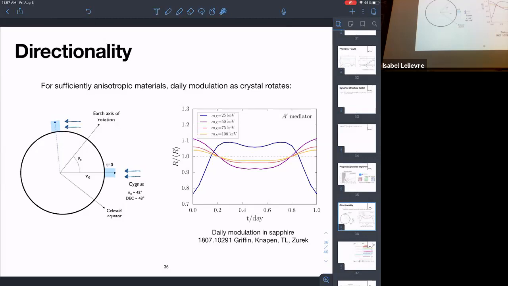I guess in principle that could also be a mediator for the dark matter, but I think for that mass and coupling, it wouldn't fall into the freeze-in and freeze-out benchmarks that I've been talking about very easily.